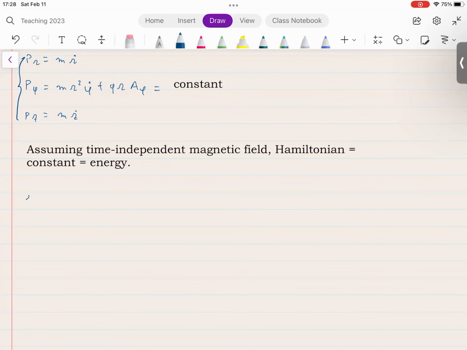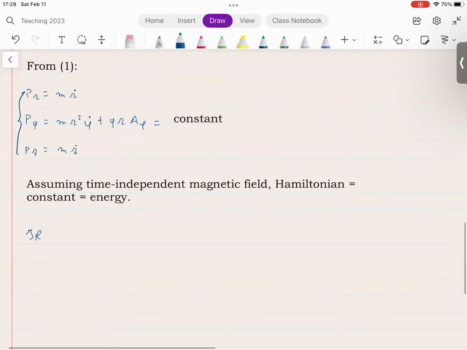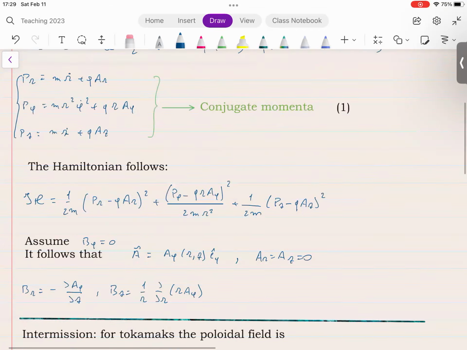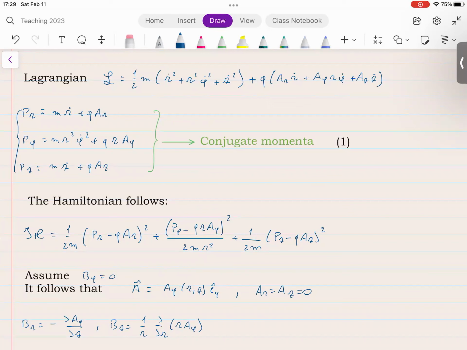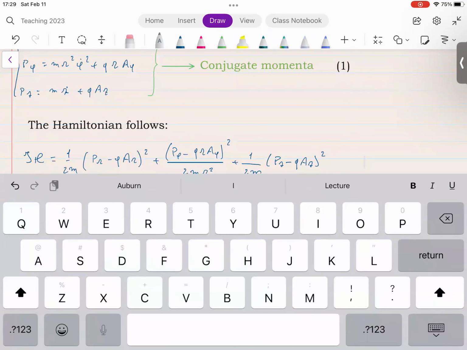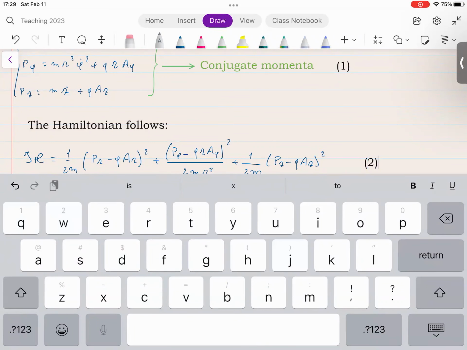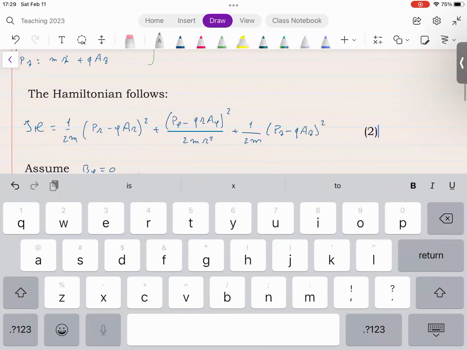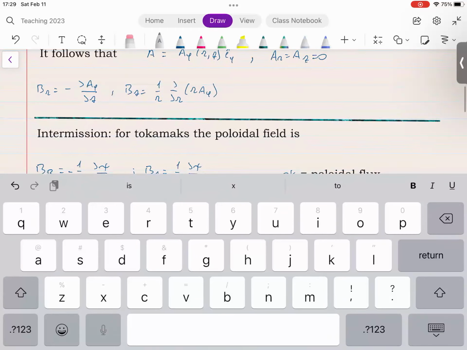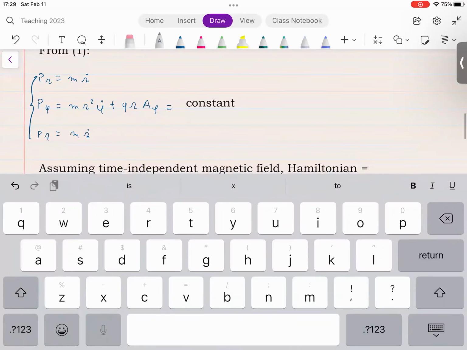And that constant, now I'm going to write the expression. If you go back up here to our expression from before, that I will now call 2, you set A sub r equal to 0. You set A sub z equal to 0. You set P phi with its expression to be a constant.